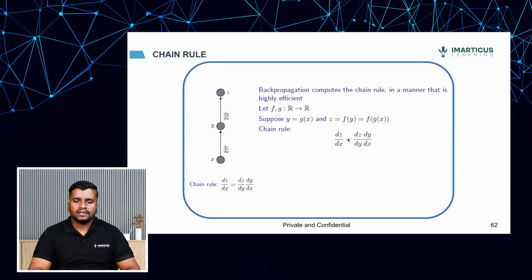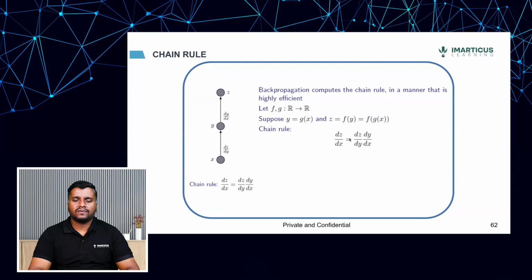So y is a function of x and z is a function of y. They are linearly related, and that's why if we want to differentiate z with respect to x directly, it is not possible, because z is dependent on y and y is dependent on x.